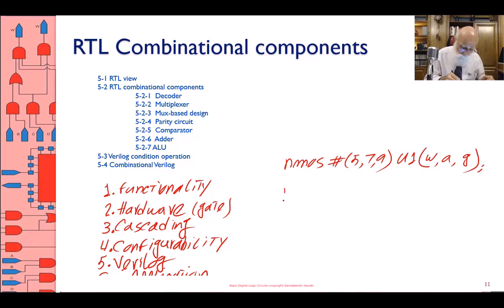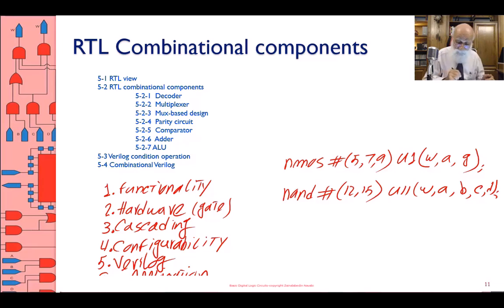Then I also showed you the NAND gate, with 2 delay values, 12 and let's say 15, an instance name U11, for example, the output, the A input, the B input, the C input, the D input. I can have an AND up to this. Or I also showed you a way of writing a Boolean expression, assign, and sharp sign, 25, 31.